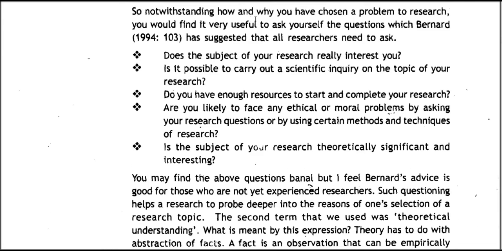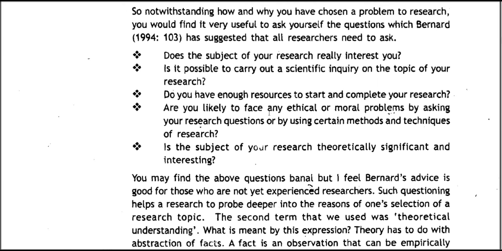So, notwithstanding how and why you have chosen a problem to research, you would find it very useful to ask yourself the questions which Bernard has suggested that all researchers need to ask. Does the subject of your research really interest you? Is it possible to carry out a scientific inquiry on the topic you research? Do you have enough resources to start and complete your research?